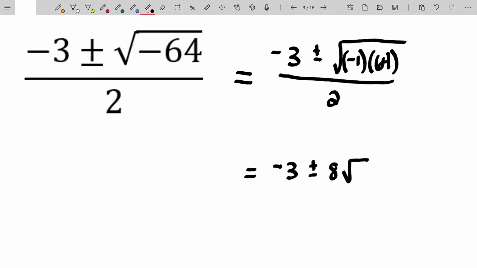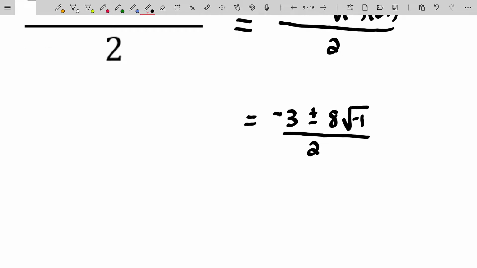We still have a square root of -1 hanging out there. And again, square root of -1 is defined to be i, the imaginary unit. So this will be -3 plus or minus 8i all over 2. To be honest with you, that is how most students will write it.